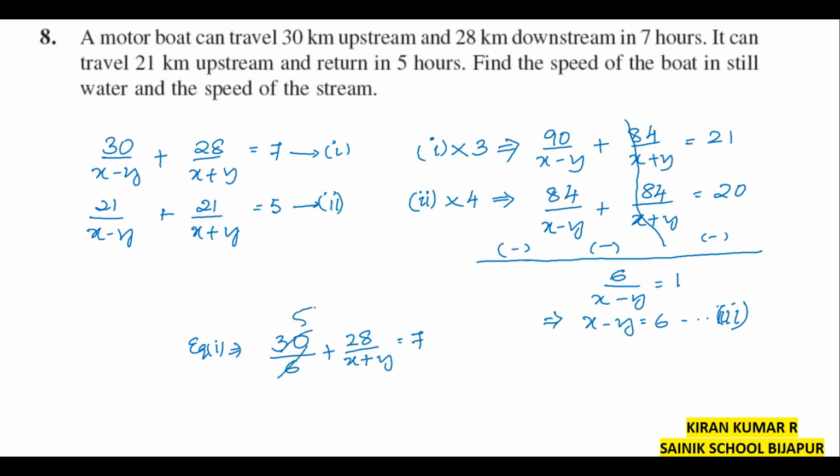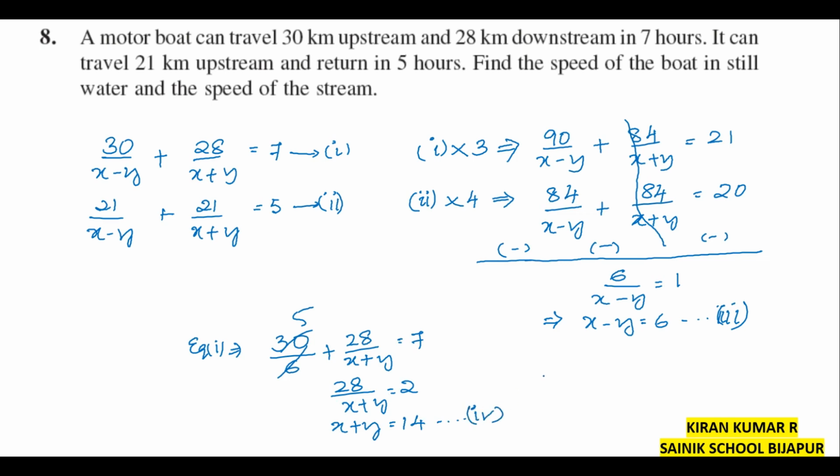So this is 5 times. So 28 upon x plus y will be equal to 7 minus 5, 2. If you do cross multiplication, we will be getting x plus y as 14. Call this as equation 4.